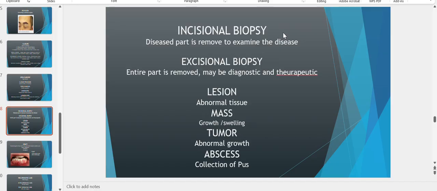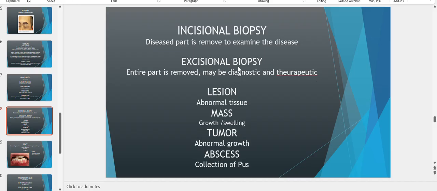But an excisional biopsy may be diagnostic or therapeutic. It means the entire part has been removed from the body. That may be for a diagnostic or a therapeutic procedure also. If there is a cyst in our body, then it should be completely removed, the entire part removed.